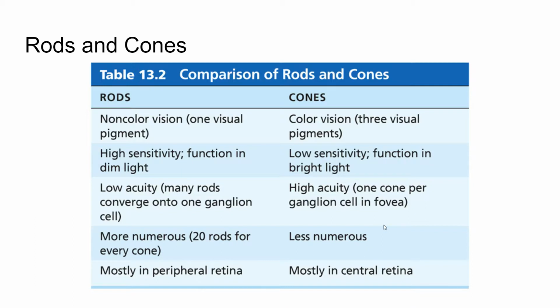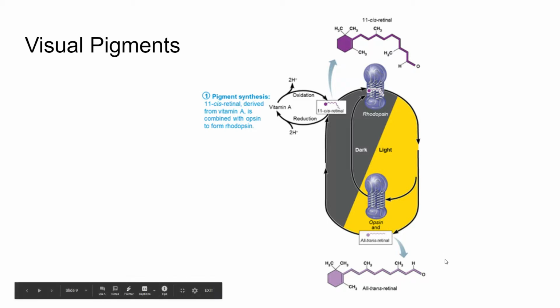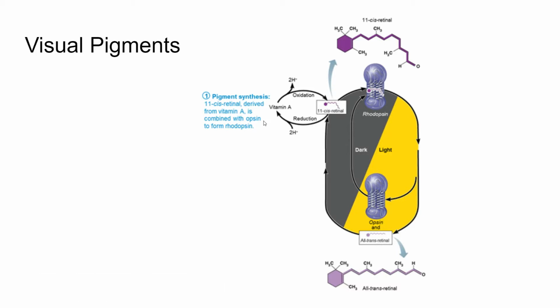And so with these visual pigments, these are basically light absorbing molecules that combine with these proteins, and these proteins are called opsins. You can see this opsin here, and they form one of four different pigments.